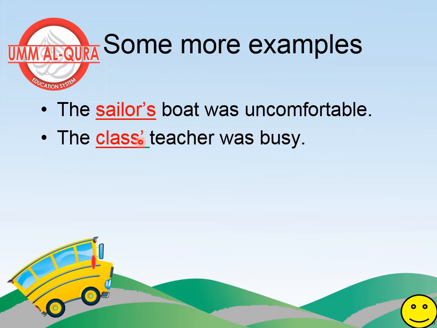If we added apostrophe s, it would become class's. It's correct, but to make it easier, we just added apostrophe to show the possession of the teacher. For example, if you are in class 3, 4, 5, there will be a name of your teacher. Take my name, it's Miss Anam's class. Anam, and after that apostrophe and s to show my possession.